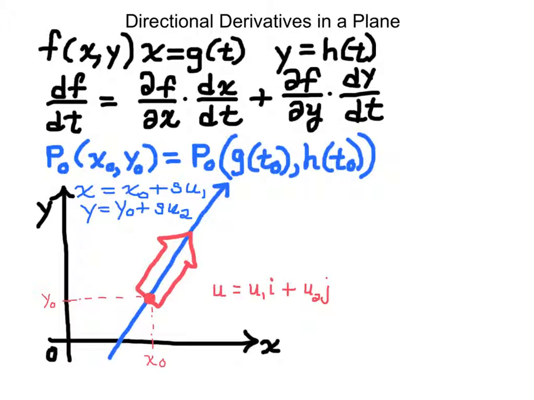If the curve is a straight line and t is the arc length parameter along the line measured from p naught in the direction of a given unit vector u, then the derivative of f with respect to t is the rate of change of f with respect to the distance in its domain in the direction of the unit vector u. By varying u, we find the rates at which f changes with respect to the distance as we move through p naught in different directions.